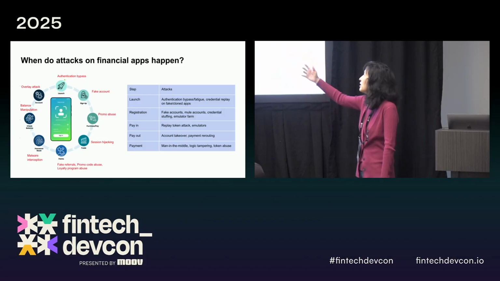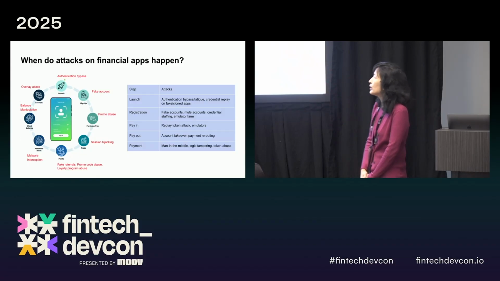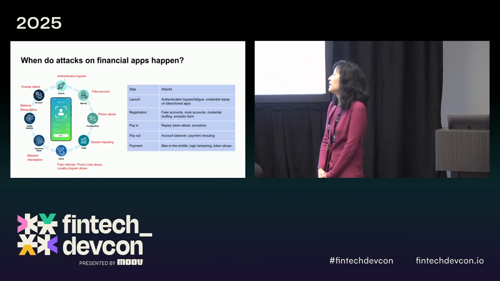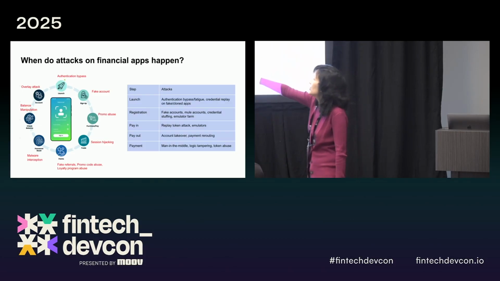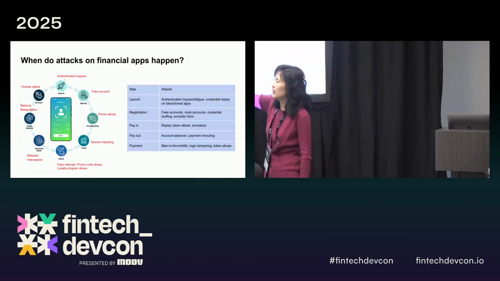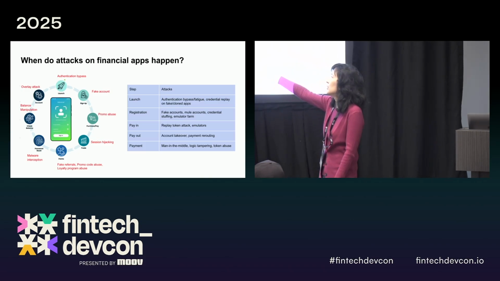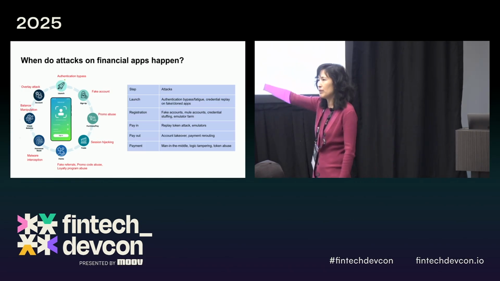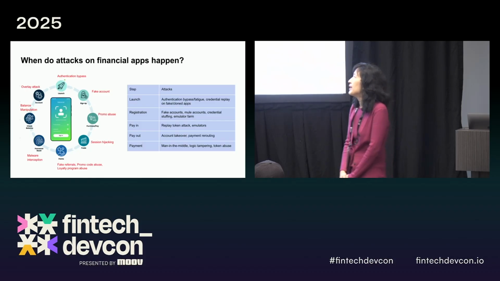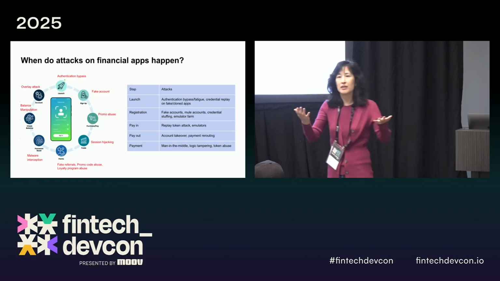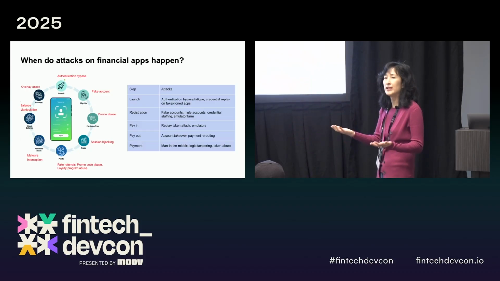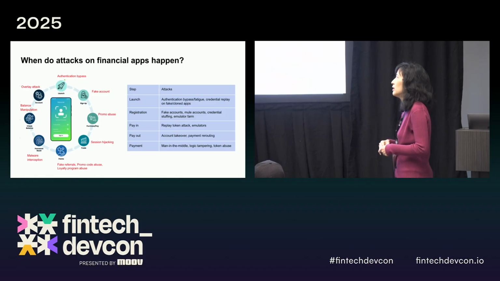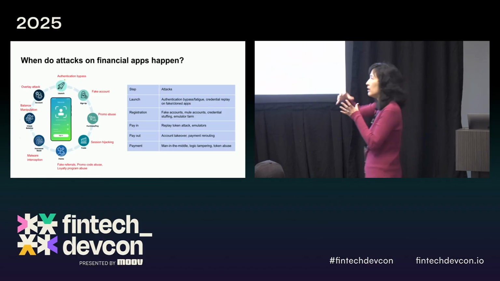There's logic tampering, token abuse, and even when you are trying to do a password reset, there could be interception at that point. The malware could come in and intercept that.